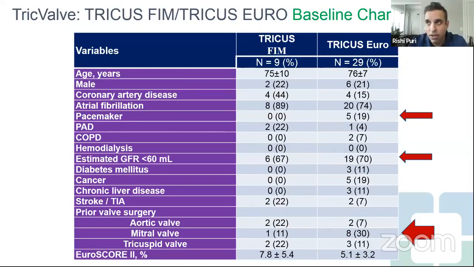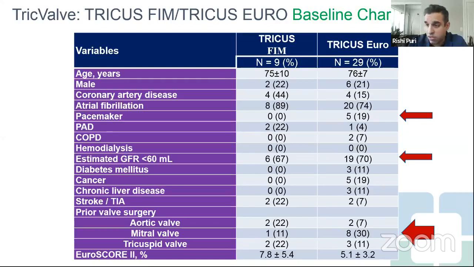And as you know, having pacemaker leads can pose a challenge if you are looking to implant a tricuspid valve or undertake edge-to-edge tricuspid repair. And so this is really the reality of real-world data. We need devices that allow us to navigate some of these sort of complexities.